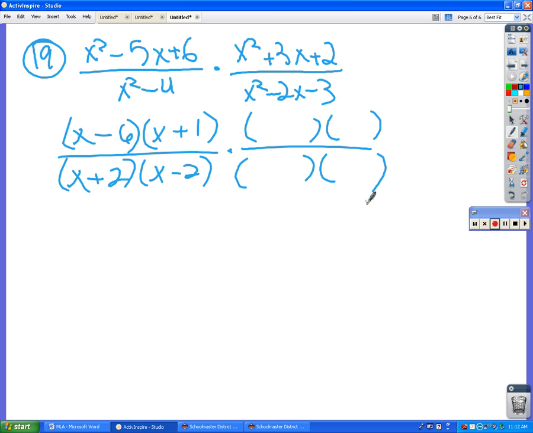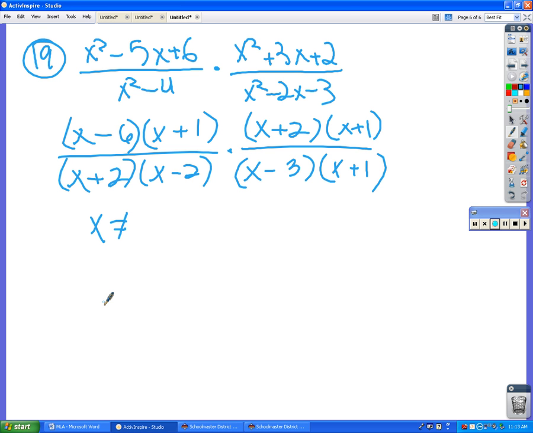Isn't it x plus 2 and x plus 1 on top, because 2 times 1 is 2 and 2 plus 1 is 3? Then x minus 3 and x plus 1. Those multiplied to be negative 6, so it has to be x minus 6. Nice catch.